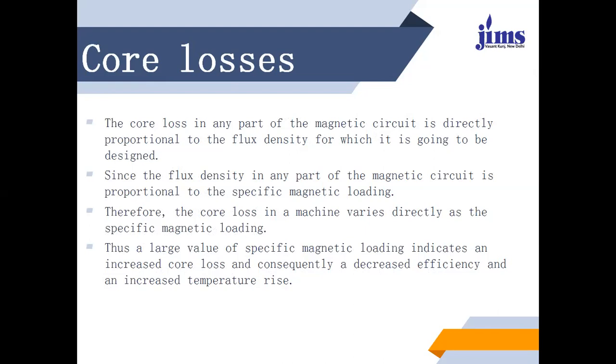Thus, a large value of specific magnetic loading indicates increased core losses and consequently a decreased efficiency and increase in temperature rise. So these are the different parameters which we are discussing after the superconductivity and the material property of the material.